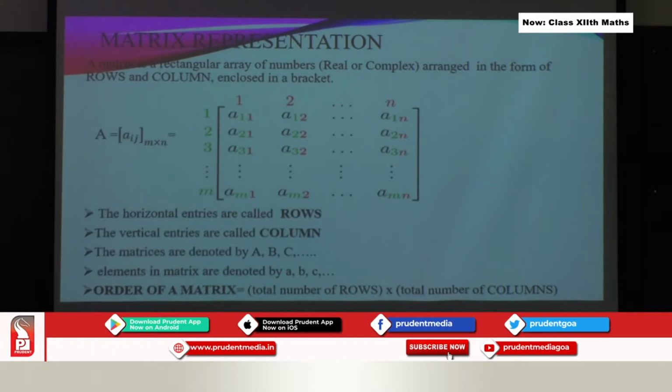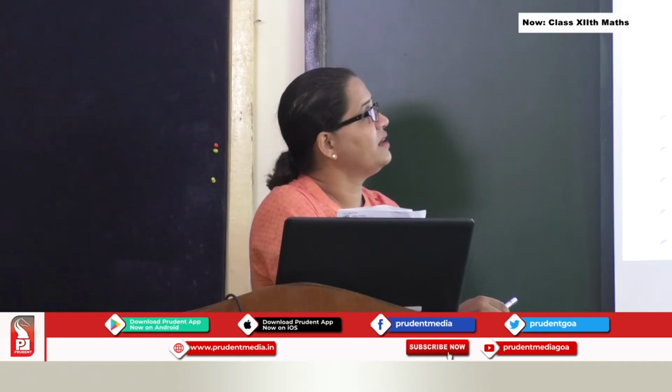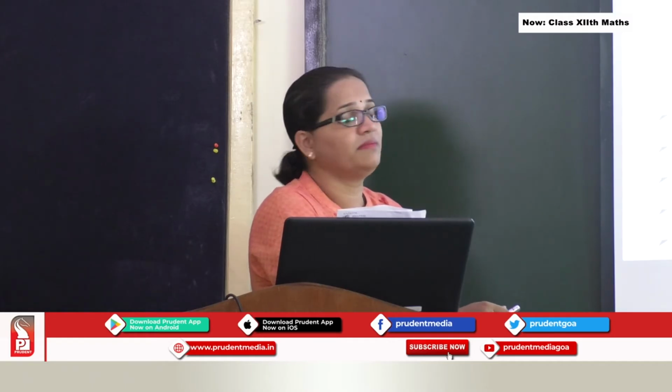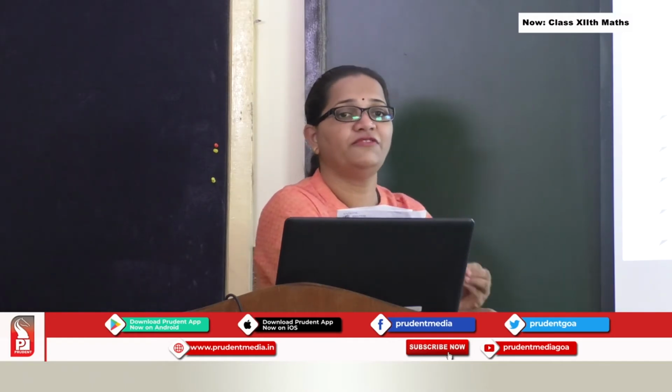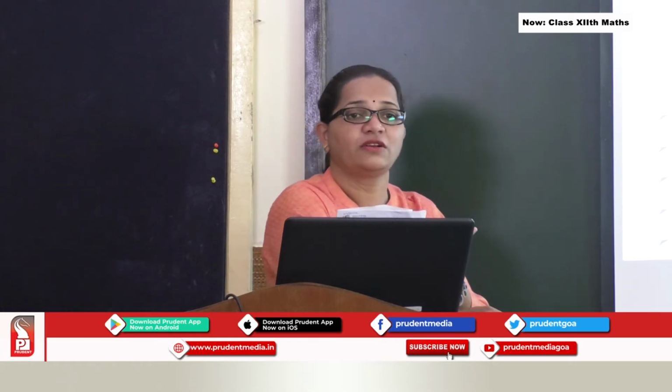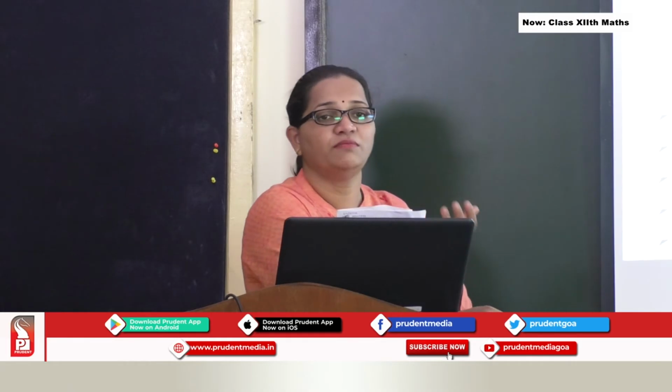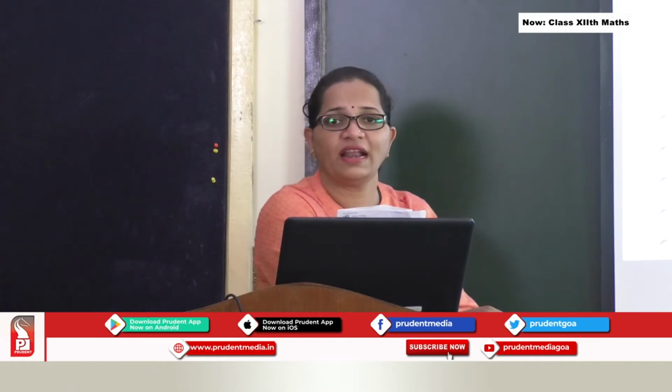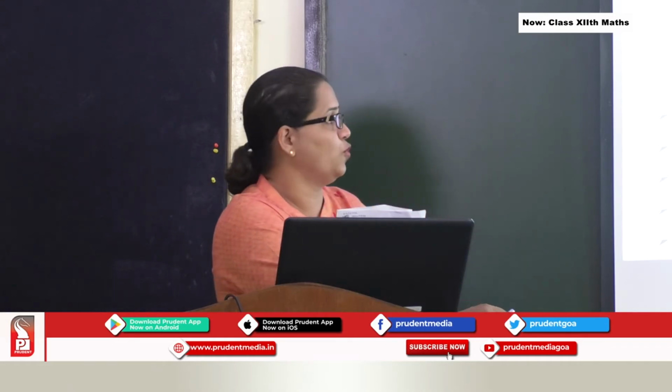Now when we talk about entries of this particular matrix, you can have real numbers or complex numbers, or you can have different functions, which include trigonometric functions, modulus functions, logarithmic functions, and so on.